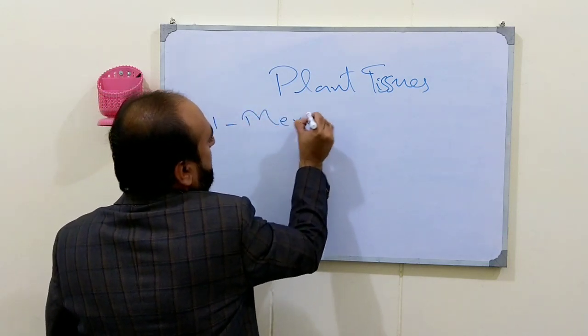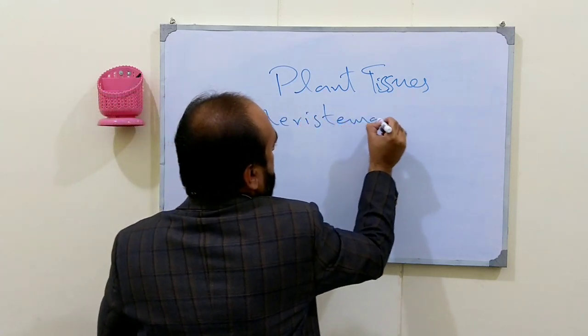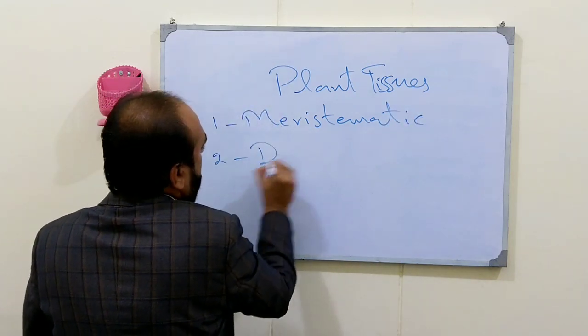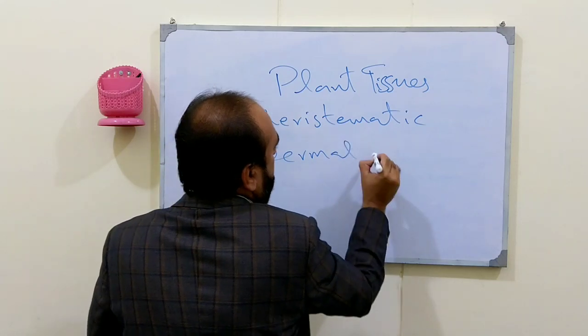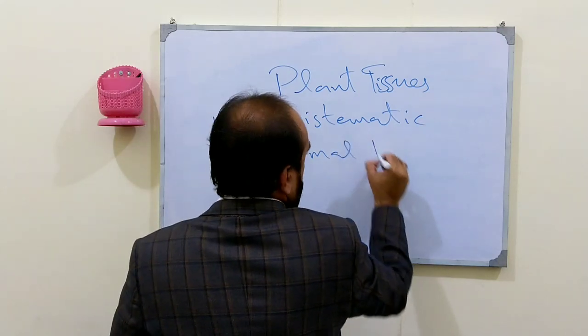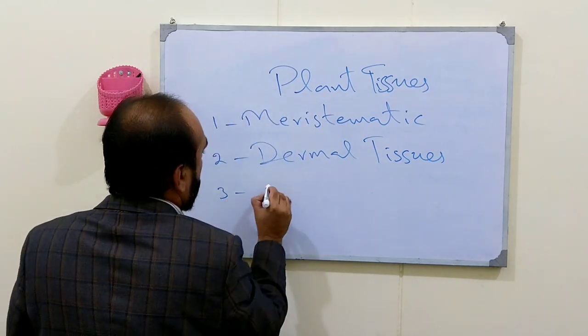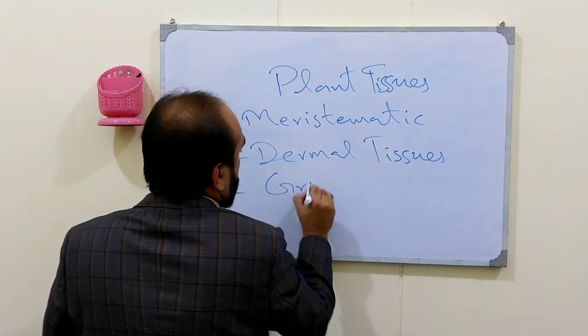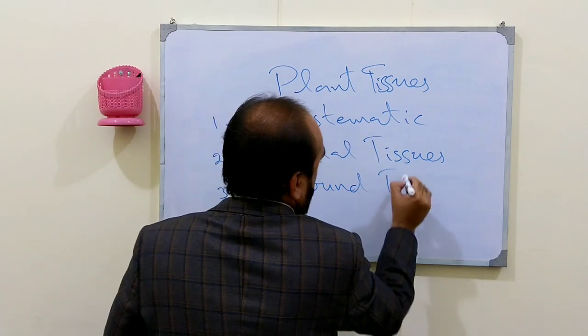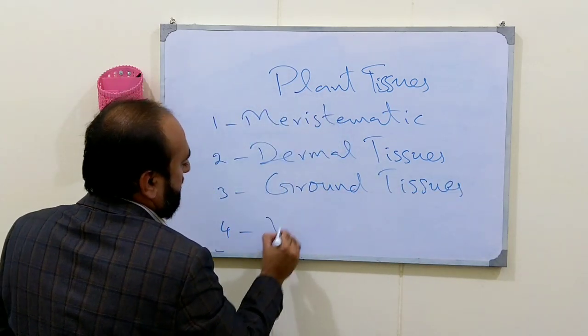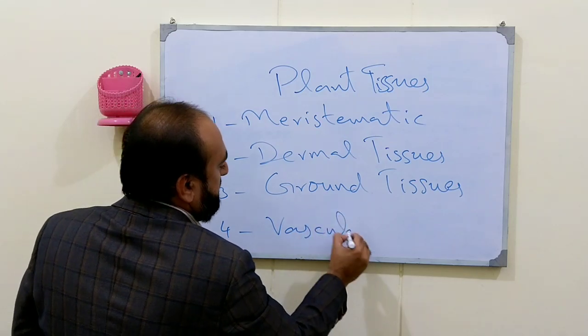That is meristematic tissues, dermal tissues, ground tissues, and vascular tissues.